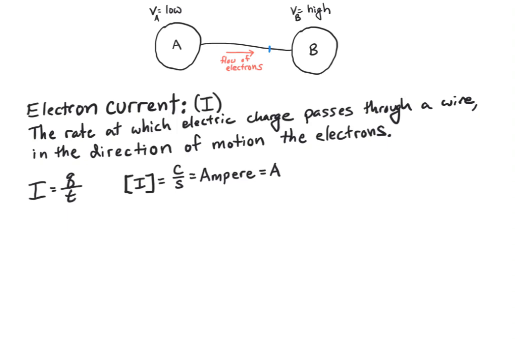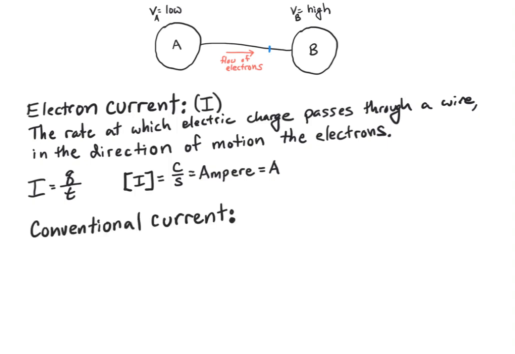And in fact, this original convention of the flow of positive charges representing the current is still in use. It's still conventional. And as such, we call it the conventional current. We symbolize it by the same letter I. It has the same units, amperes.